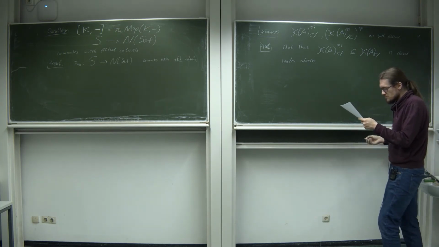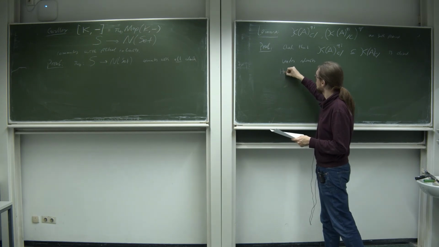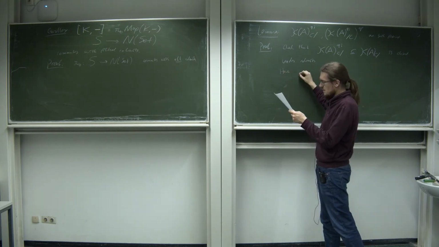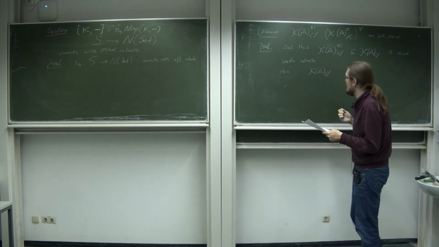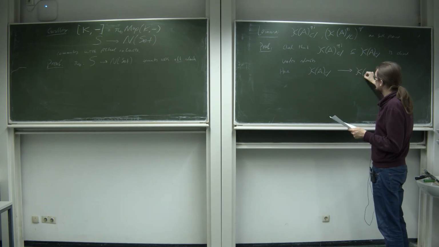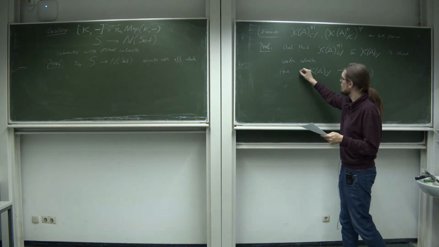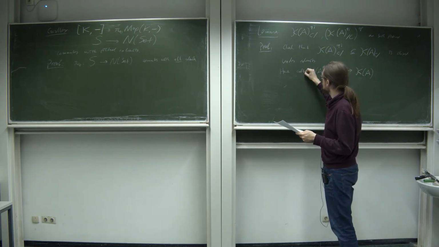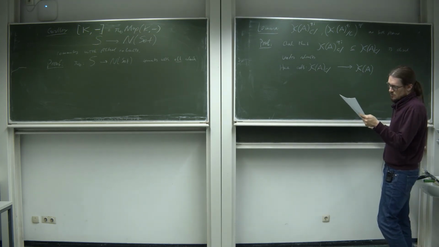So we have a functor from this entire slice category down to K of A itself, and we call that cofiber. And why is that?